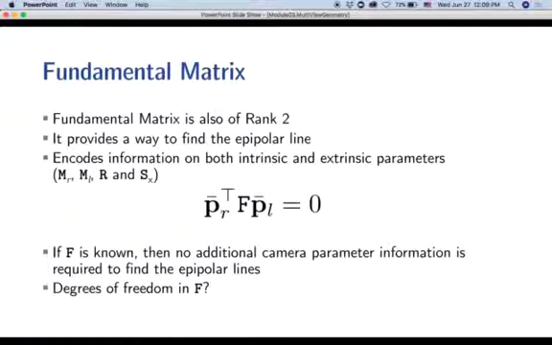So there is a rank restriction from 3 to 2, and so there is also a loss of 1 freedom. There are 7 independent terms in F, really.